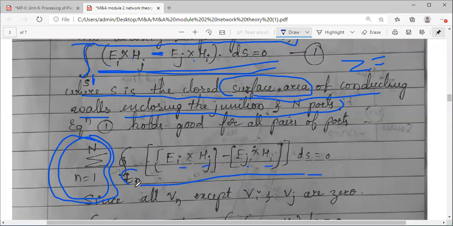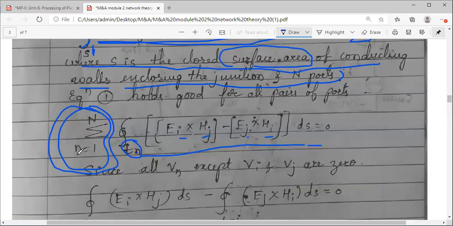In general, N indicates a value from 1 to N: first time it is 1, so one pair, then the second pair, then the third pair, and so on. For all combinations we will get this.